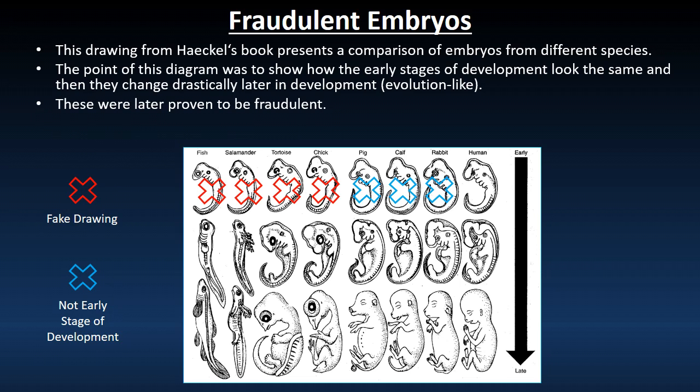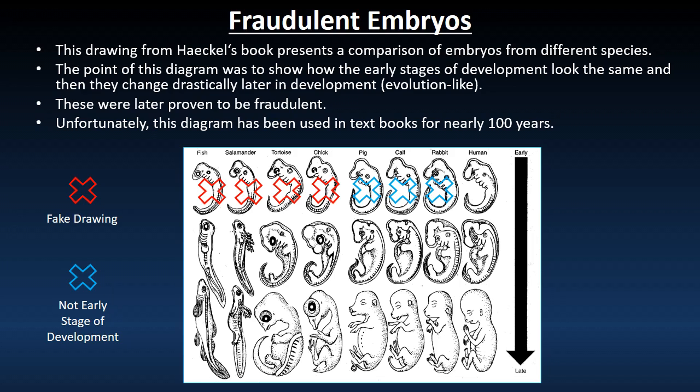These were later proven to be fraudulent. And this has been used in textbooks for nearly 100 years. You will still find this in textbooks today. It's unbelievable. And it'll tell you how difficult it is to remove stuff once it gets put in.